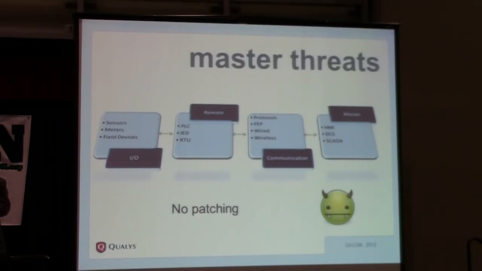And so are patches. If, for example, your system runs Windows, Microsoft releases a patch once a month, right? Patch Tuesday, everyone knows about Patch Tuesday. That means you have to patch your SCADA system every month. Now what happens here is you have two vendors.